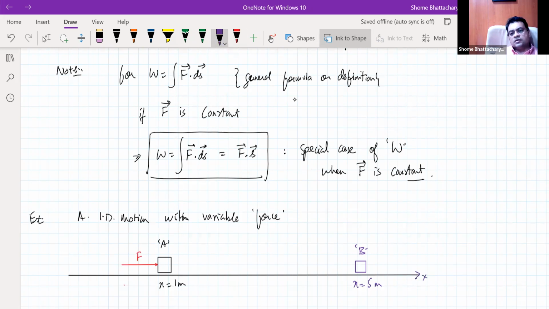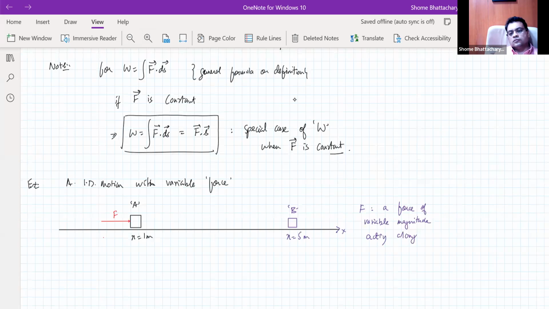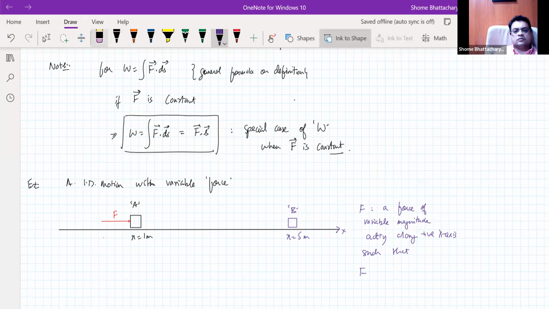So this is our x-axis. F is a force of variable magnitude acting along the positive x-axis such that the magnitude of the force is equal to kx, where k is 20 newtons per meter.